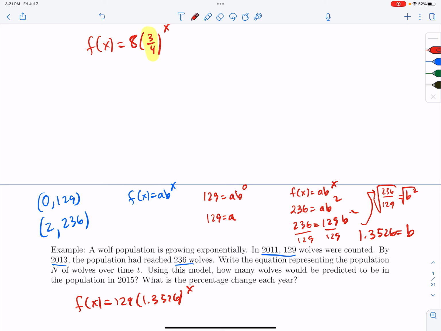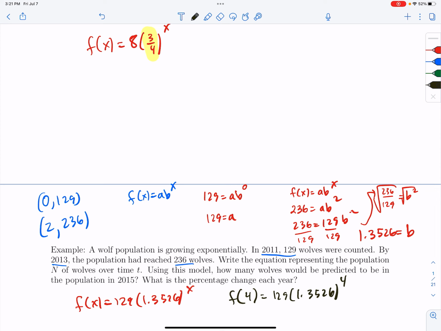It says we want to know the population in 2015. 2015 is 4 years after our beginning time, so this will be 129 times 1.3526 raised to the 4th. I need to get a calculator. Sorry about that.